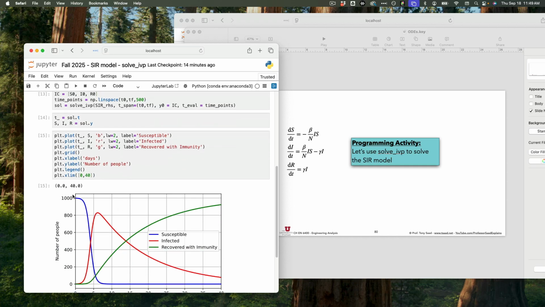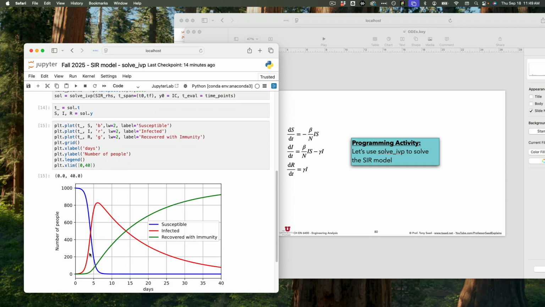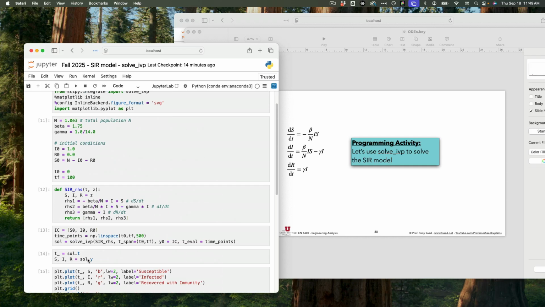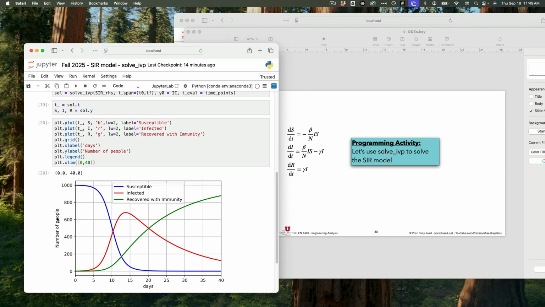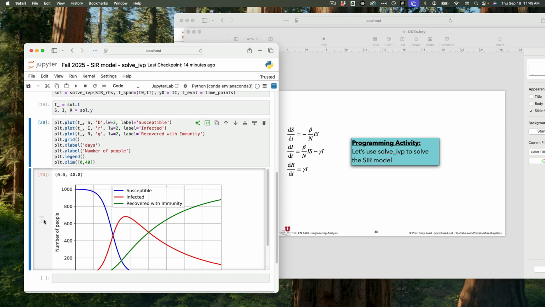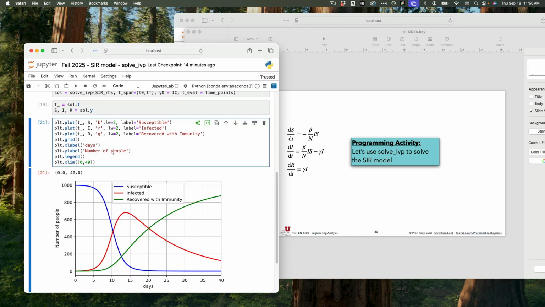Okay, look at that. It did drop rapidly. Let's go back to where we had it initially, 0.75. So that's the initial.